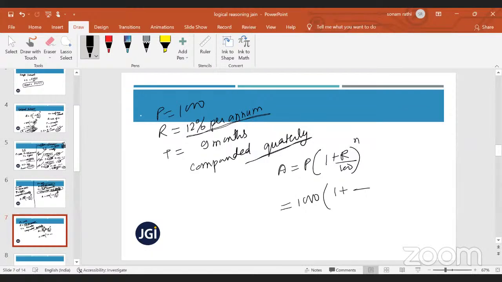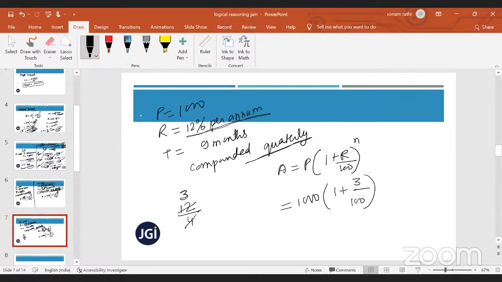In 1 year, how many quarters are there? 4 quarters. January, February, March, then April, May, June, then July, August, September, then October, November, December. 4 quarters. So 12 divided by 4, 3 upon 100.